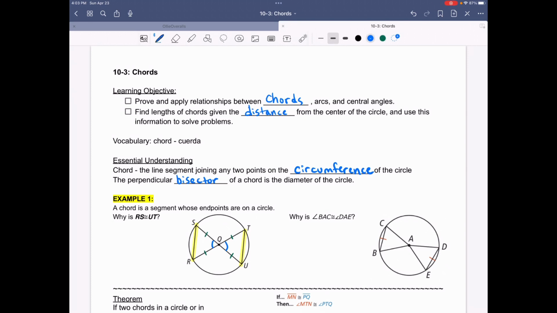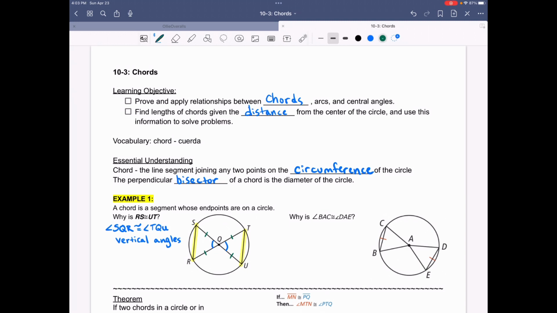So we'll say that angle SQR is congruent to angle TQU. That is our statement, and our reason is vertical angles, because vertical angles are congruent.